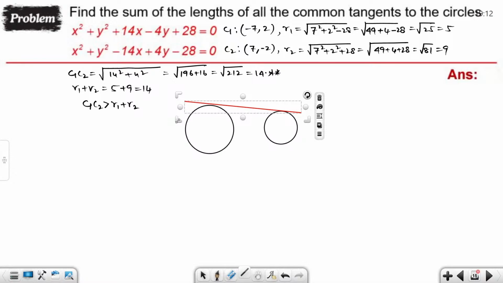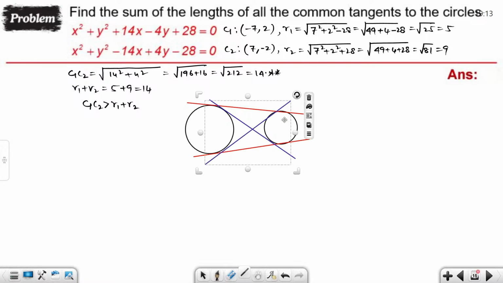There will be 1 common tangent here, another direct common tangent over here, and there will be 2 transverse common tangents, right? We will have 2 transverse common tangents. One is this and another one is this. Okay?